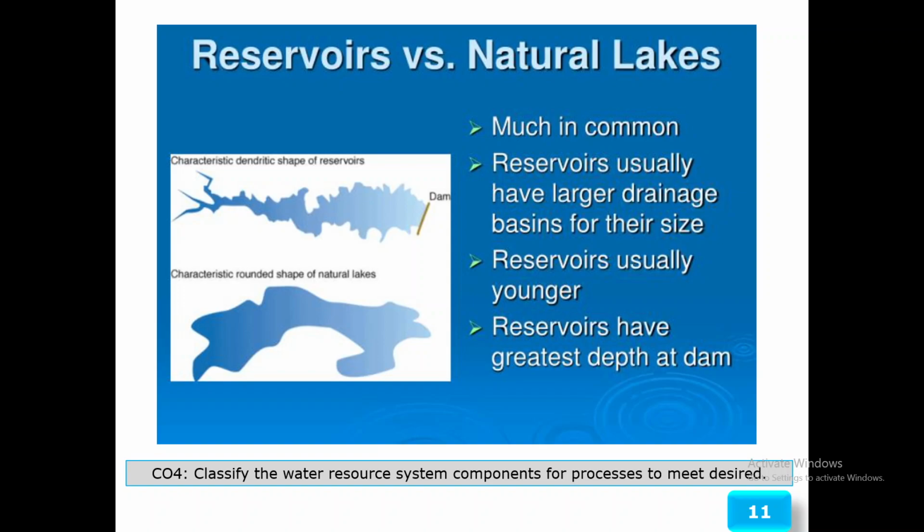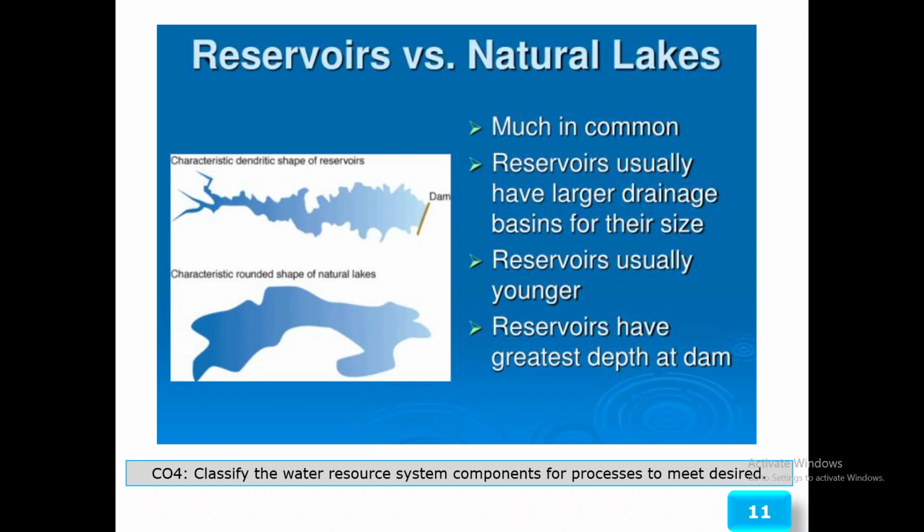The pictures show clearly the characteristic dendritic shape of a reservoir behind a dam and the characteristic rounded shape of natural lakes. They have much in common, whereas the lake forms naturally based on the slope of the area, and we make the dam artificially in a flowing water area. Reservoirs usually have a large drainage basin for their size.